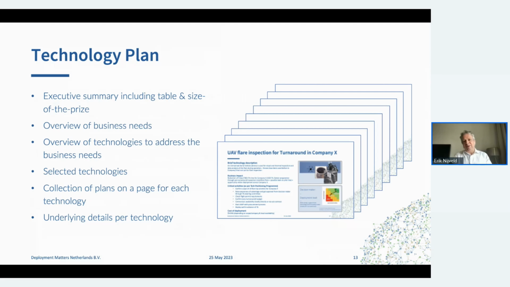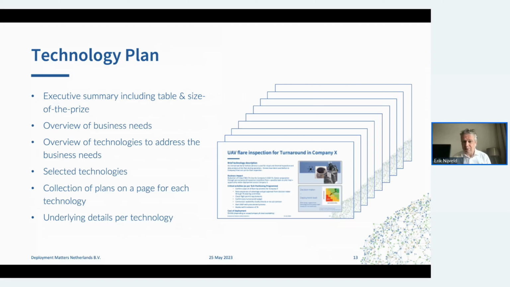And the technology plan itself is a compilation, you can say, of all those single plans per technology. So a technology plan, the moment it's written up, contains a summary, including a table of technologies that you're going to pursue and the size of the prize.